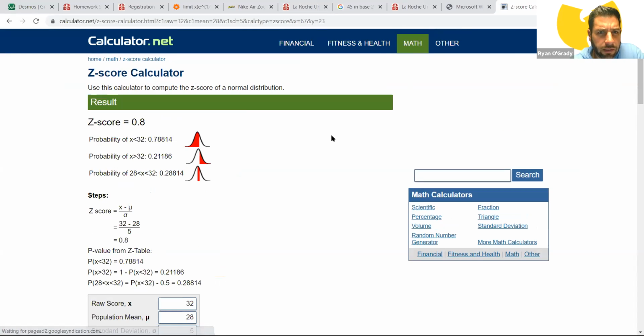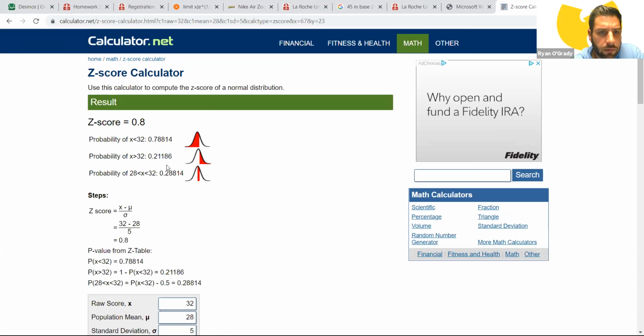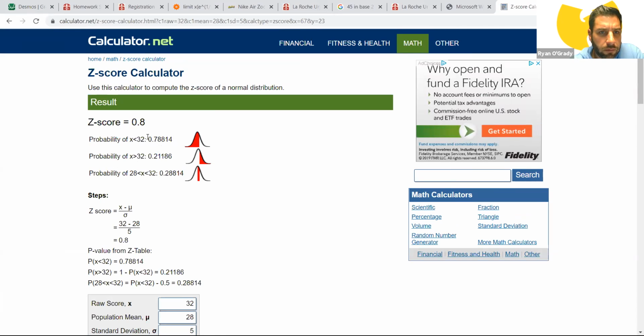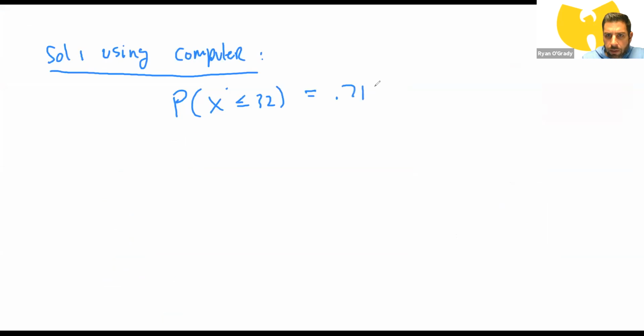And if I calculate that, it gives me an answer of 0.78814. So if I go back here, I get that this is 0.78814, or if you'd like, 78.8%.